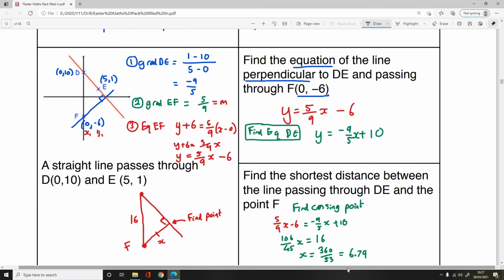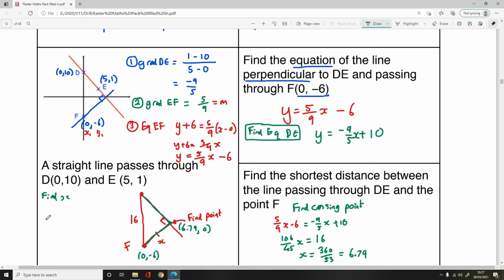Now what do we need to do? Now we need to find a distance on a line. So I want to find the distance from here to here, maybe? Or actually, because I'm trying to find x, I could just find x straight away, couldn't I? Yeah, so let's do that. So if I want to find the distance in x, I'm talking about the distance between the coordinates 6.79, 0 and 0, minus 6. So then I can find x.